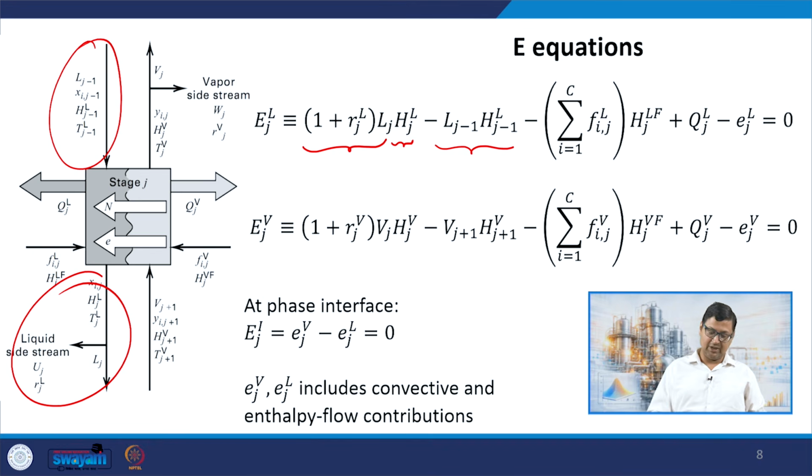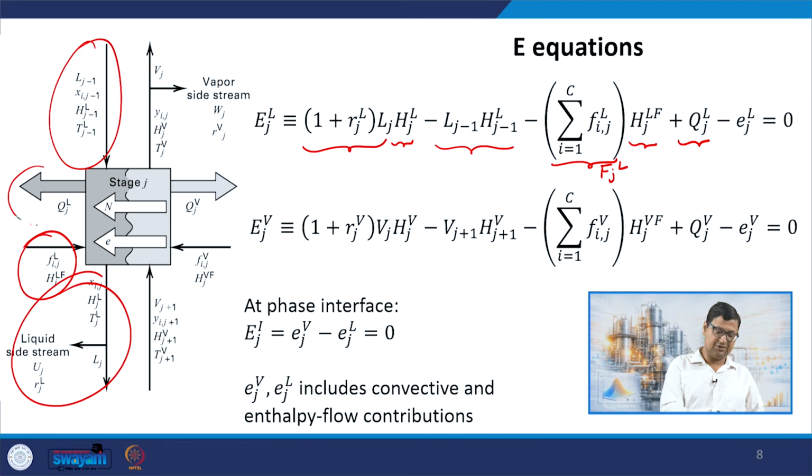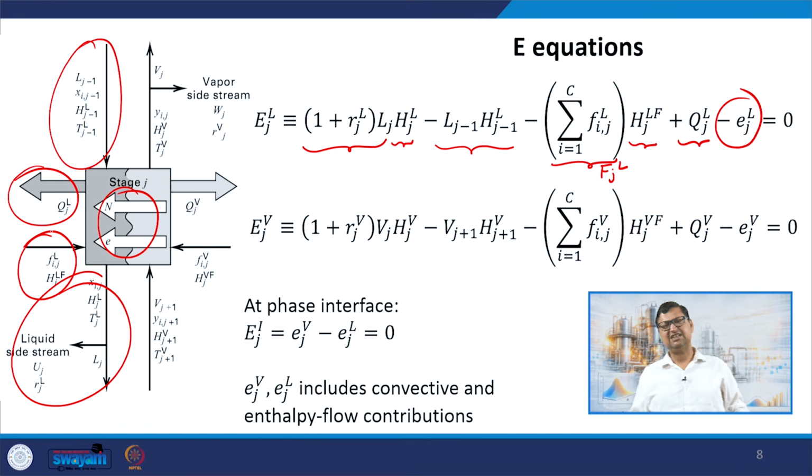And then what is entering in the liquid feed is the sum over all the species of the component molar flow rate i, that is the net total flow rate Fj entering the liquid side multiplied by the enthalpy per unit mole of that, plus the heat that is removed from the liquid side and the heat that is transferred between the stages, right.